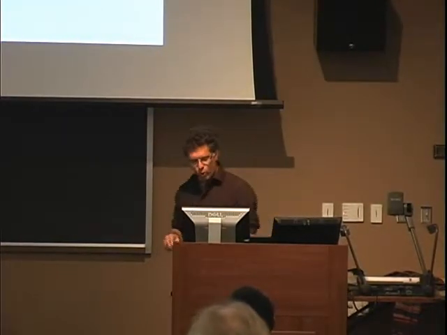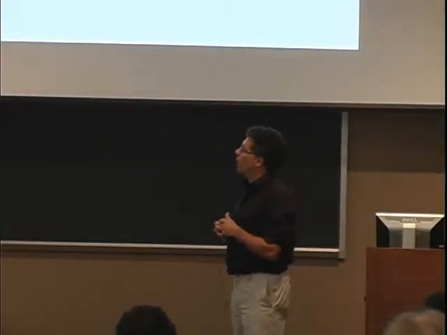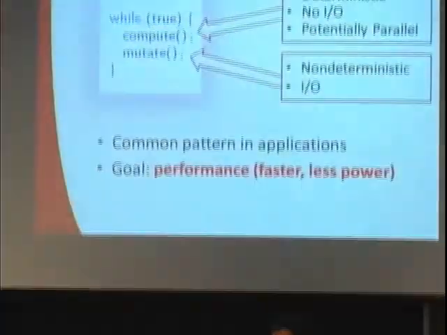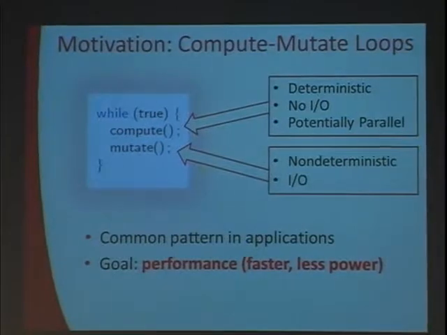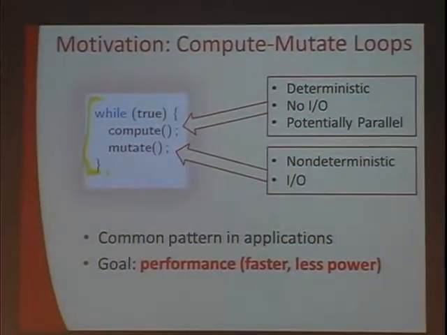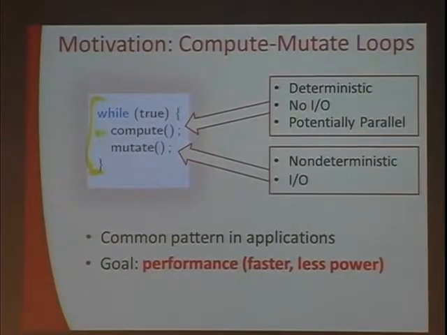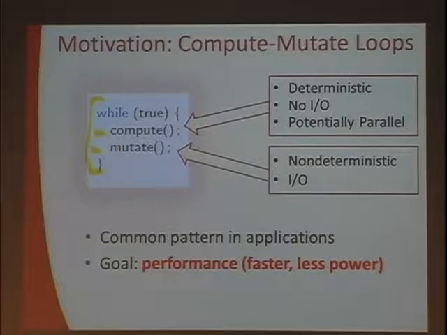The motivation for this work is summarized in this one slide, where we have an abstraction of a program on the upper left. It's an infinite loop where we do some computation, and then we mutate some state and we compute again.